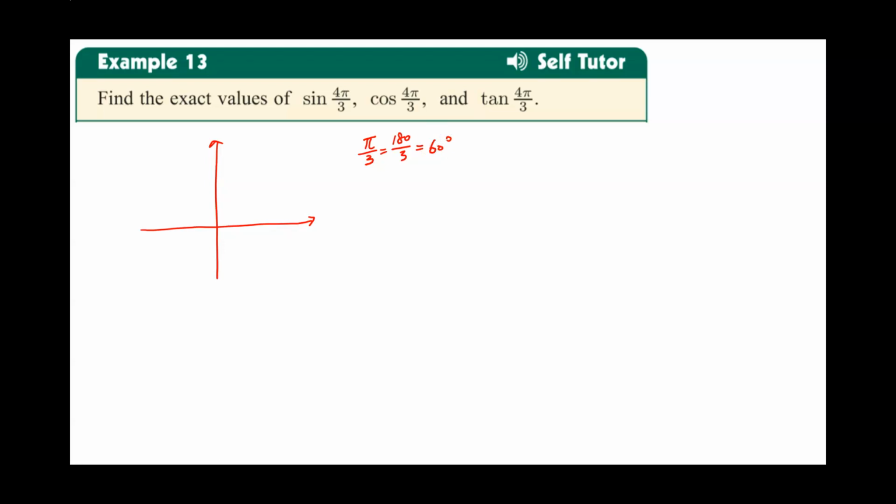So if I have pi on 3, 2 pi on 3, and 3 pi on 3 would be a pi. Then 4 pi on 3, and then that would be your 5 pi on 3, and that would be your 6 pi on 3, which is 2 pi.